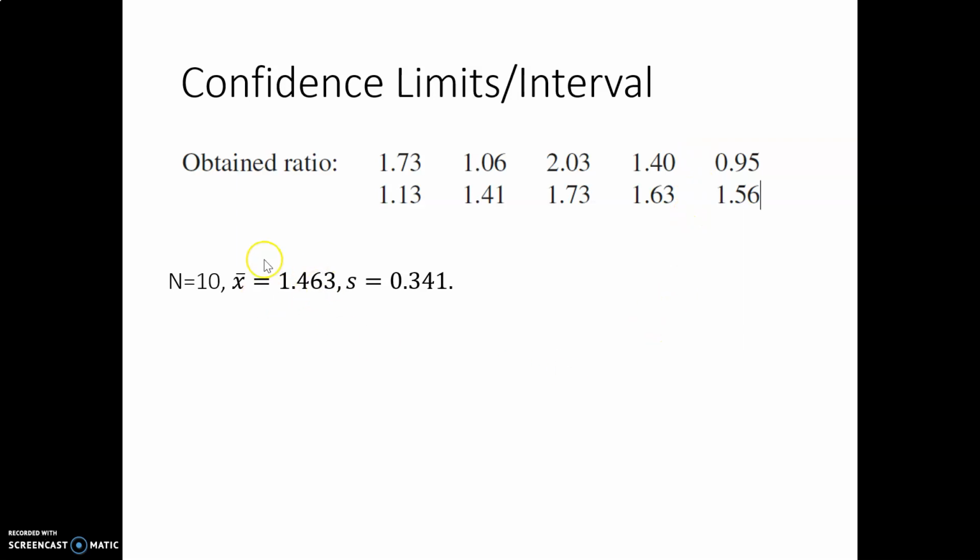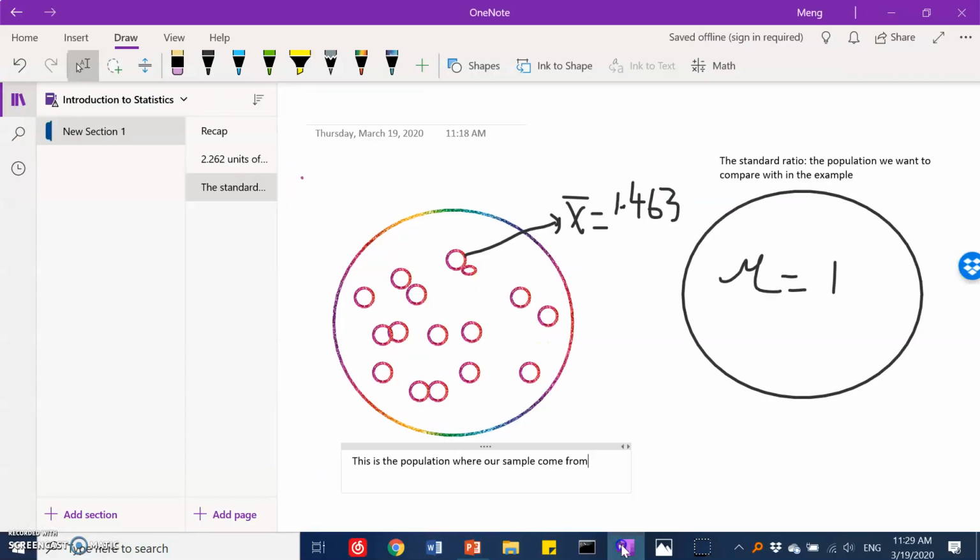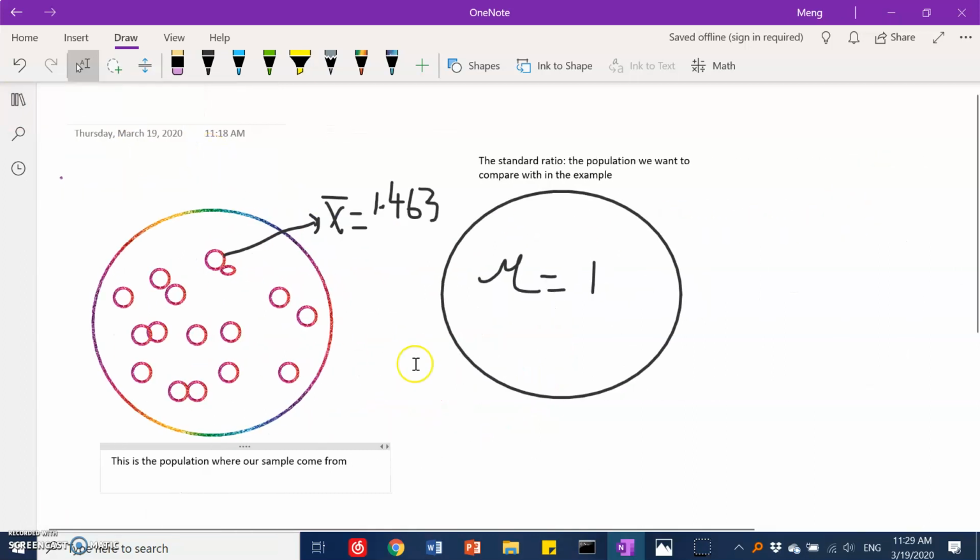So I'm gonna switch to my OneNote, because I have done some drawing there. Okay, so these are some drawings. I want to illustrate two populations. Let's say this black circle represents the population in our mole illusion example, which we want to compare our sample with.